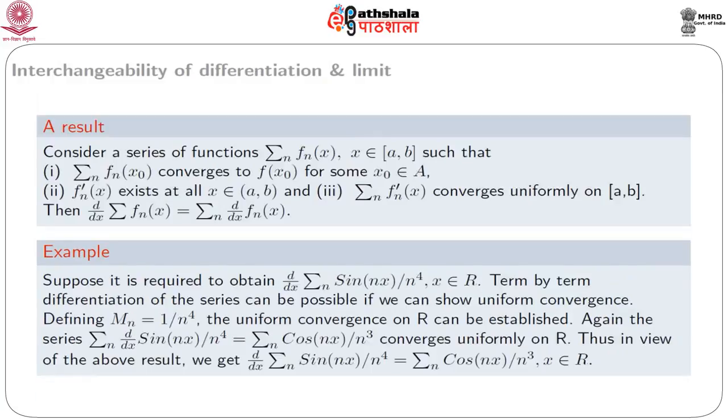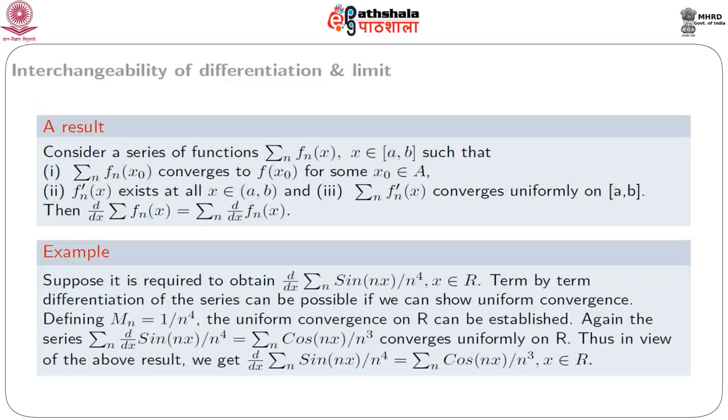So, lastly we discuss interchangeability of integration and limit. Consider a series of functions f n x, x belonging to the closed interval a b, such that each f n x is Riemann integrable on the same interval, and the series with nth term f n x converges uniformly on the same interval.